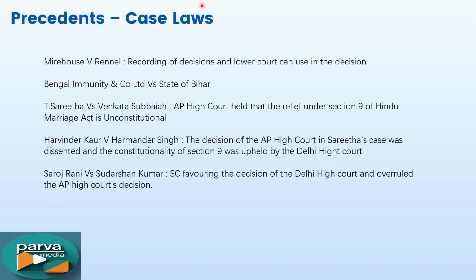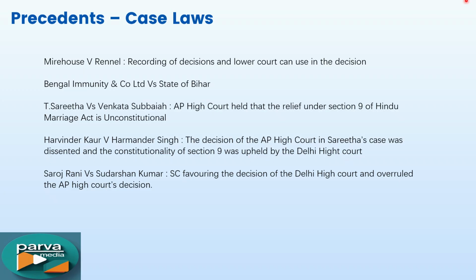Again, in the Saroja Rani versus Sudarshan Kumar case, the Supreme Court resolved the conflict by siding with the Delhi High Court. So there was a different opinion from the Andhra Pradesh High Court and a different opinion from the Delhi High Court. That Section 9 is constitutional was held by the Supreme Court in Saroja Rani versus Sudarshan Kumar, and they supported the Delhi High Court's decision.